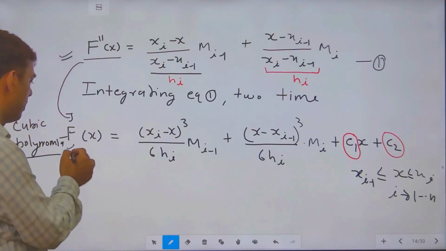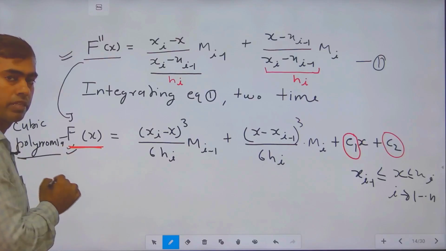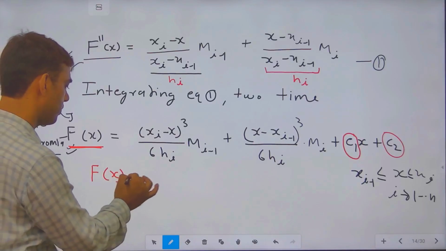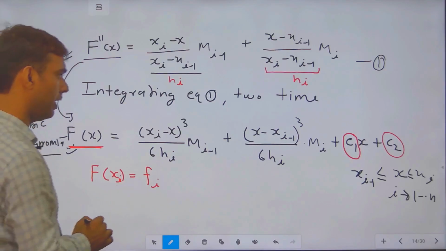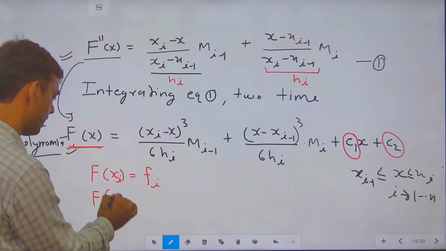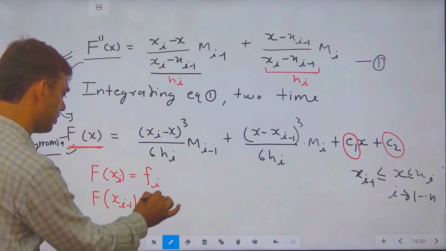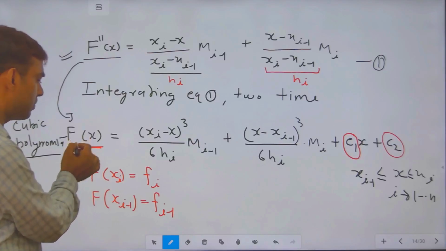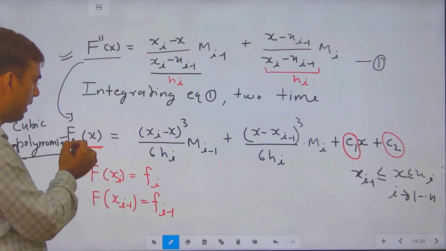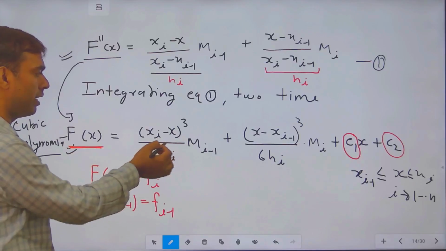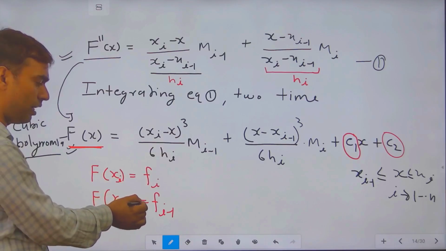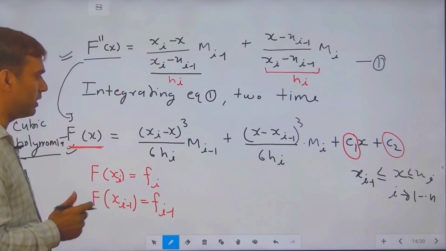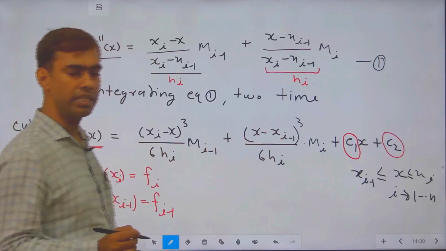We know that the value of the function at x equals x_i means f(x_i) equals F_i, and f(x_{i-1}) equals F_{i-1}. So in this expression, once we put x equal to x_i and put the value equal to F_i, and again put x equal to x_{i-1} and put the value F_{i-1}, then we get two equations with two unknowns in terms of M_{i-1}, M_i, F_i, and F_{i-1}.